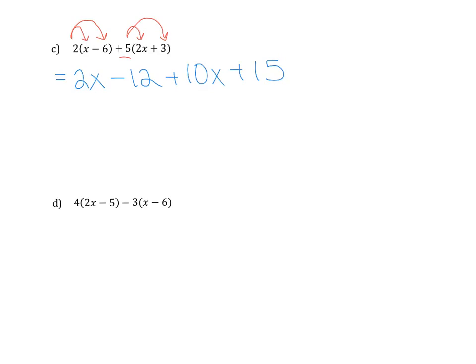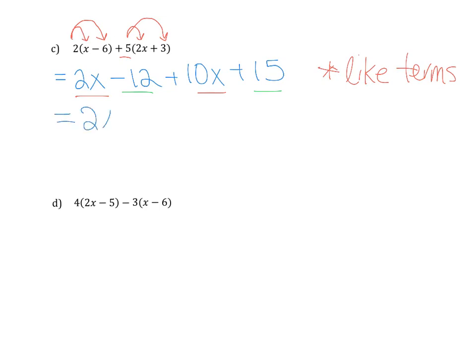Now, take a look. Notice now that we do have like terms in this one, so we can actually simplify a little bit further. And this is the idea we'll expand lots on over the next couple days, but here are just a few brief ones to help us out. So now notice we have a 2x and a 10x. Those are like terms as we did yesterday. And then we have a negative 12 plus a 15. So let's reorganize that using our skills from yesterday.